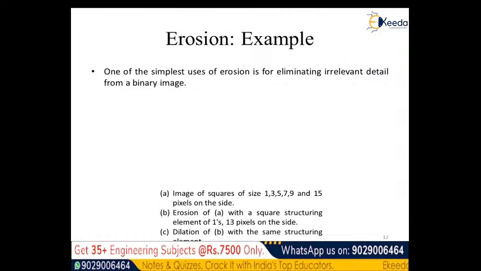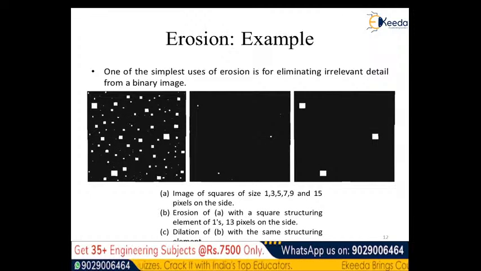So we have A, B and C, the three parts in this illustration here. Now you see in part A, we have the binary image displayed, having various squares. The sizes of the squares in terms of pixels are 1 pixel only, 3 by 3 pixels, 5 by 5 pixels, 7 by 7 pixels, 9 by 9 pixels and 15 by 15 pixels.